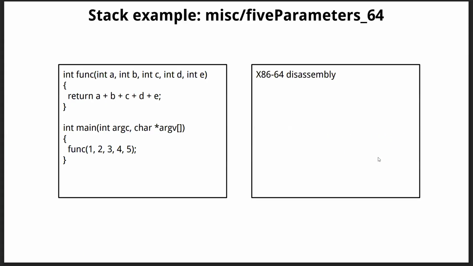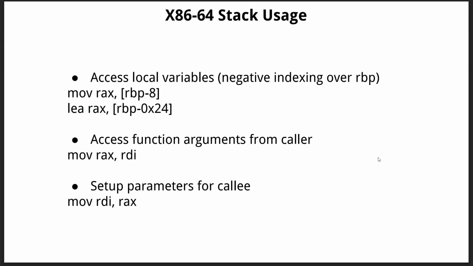We'll talk about this, so we can skip this. This one we already looked at. So this one is also similar. In the 64-bit version, RBP minus 8 is a local variable, RBP minus 24 in hex is still a local variable. We are moving the value or getting the address.